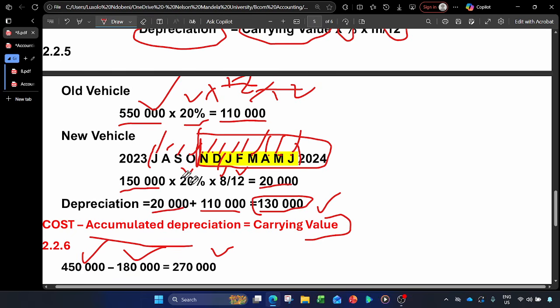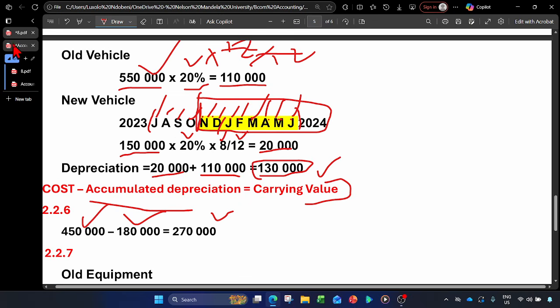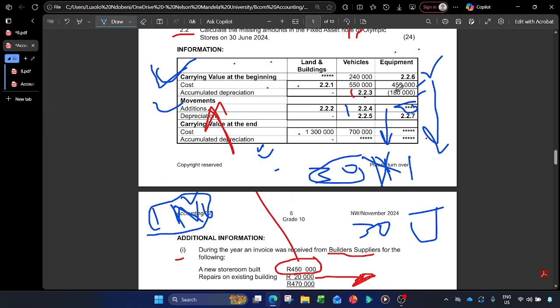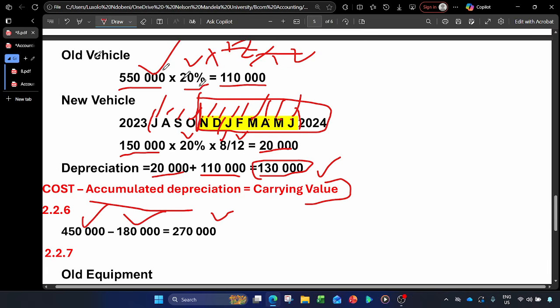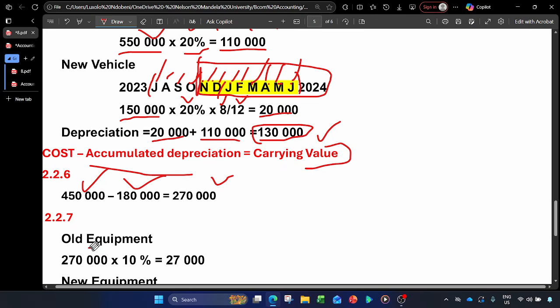But now remember, we're not going to use the cost 450 to calculate the depreciation, but the carrying value, because they are using the diminishing balance method, and the depreciation is calculated using the carrying value. So the carrying value we calculated in 2.2.6 was 270,000. So we're going to say 270,000 times 10%, which gives your depreciation of 27,000 for the old equipment.